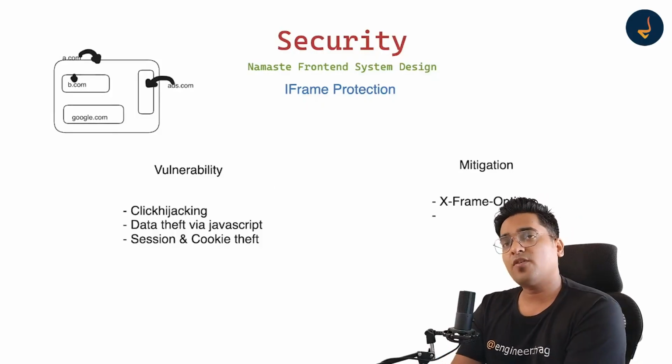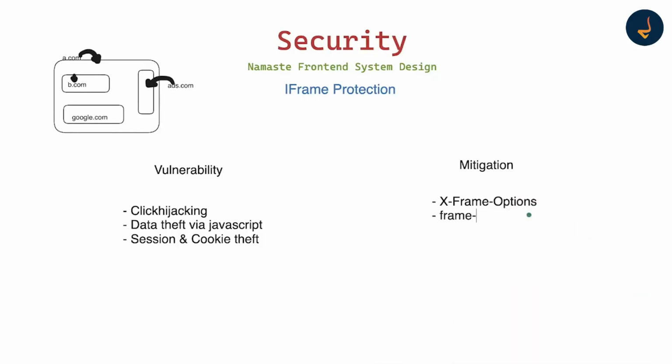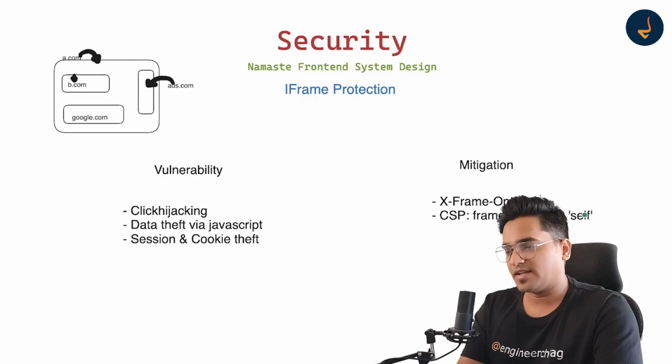The other way of doing it is a similar header, which is called frame-ancestors. Now you can configure it saying that I want this frame as self and whatnot. This is actually my CSP header. I can set some CSP header, like frame-ancestors. Similarly, we talked about it can be no frame.